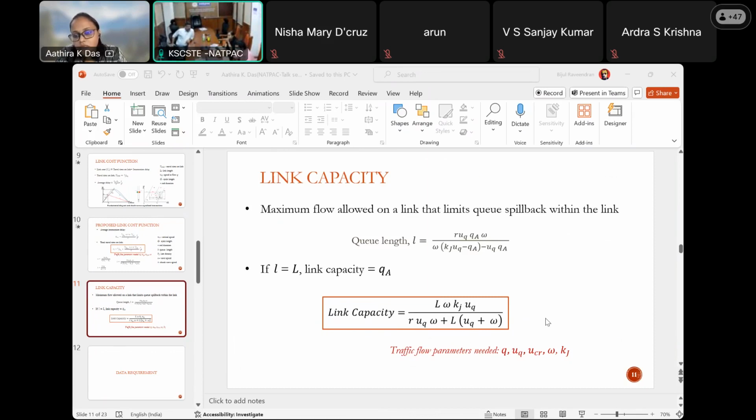Now I have one question. Did you take this data from a test track, or from where? Sir, from signalized intersections in Chennai. I considered three different intersections in Chennai. Okay, the video data was collected, and from that the parameters were extracted.